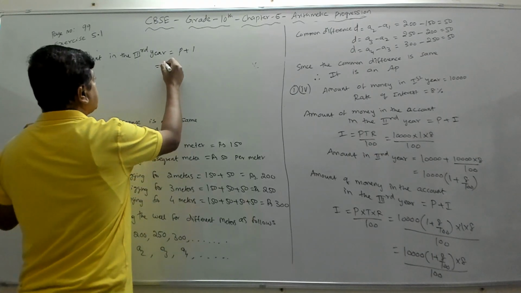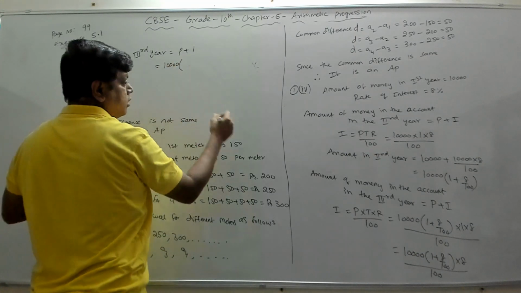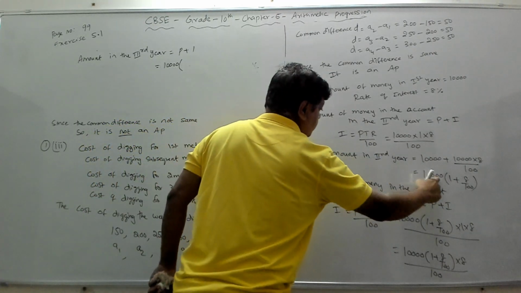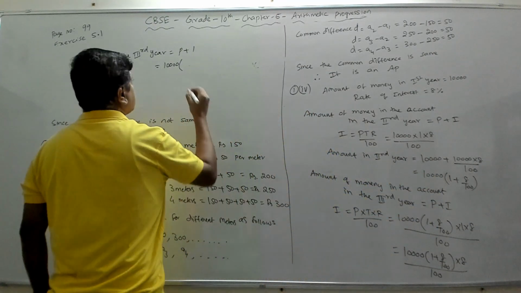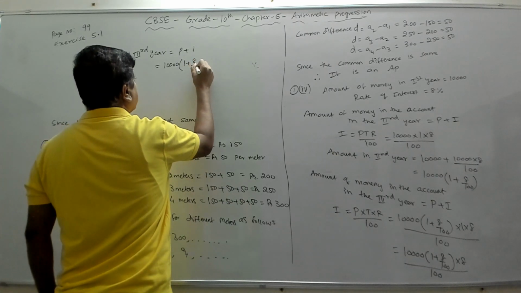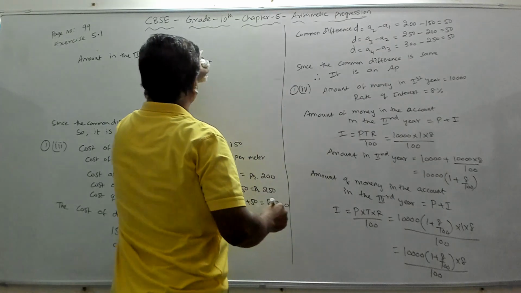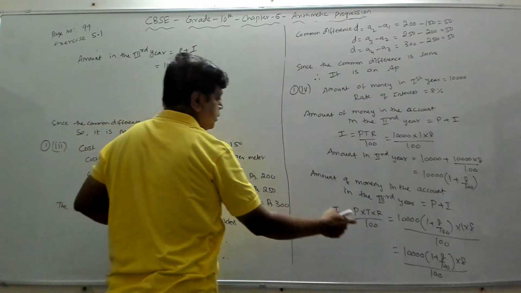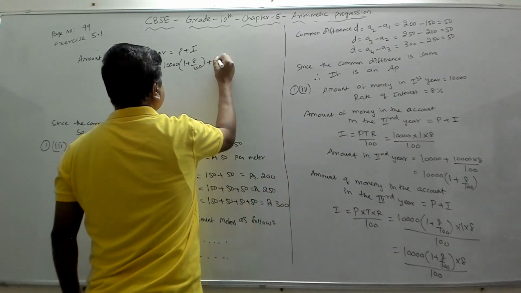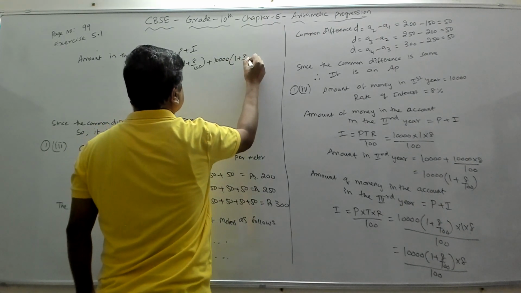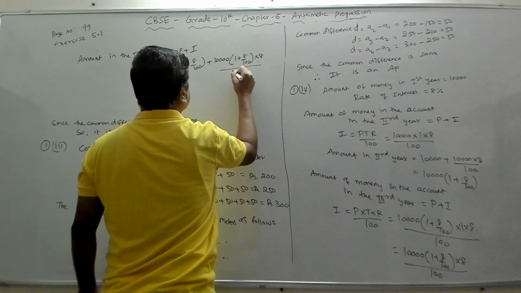Right? So principal is 10,000 times this one, 1 plus 8 by 100. This is your principal. That is your P. So 1 plus 8 by 100 plus, we are going to add the interest. Interest is what? I. I is how much? This one. That is again 10,000 into 1 plus 8 by 100 into 8 by 100.